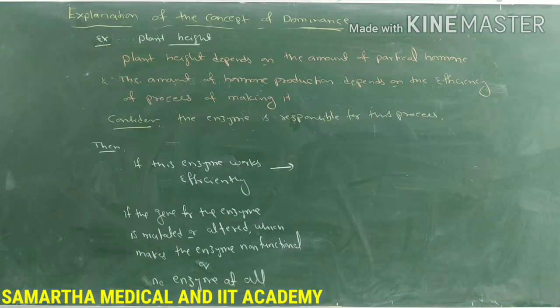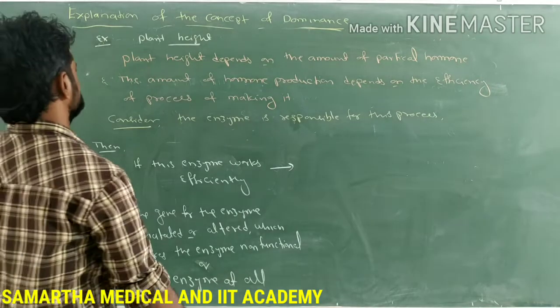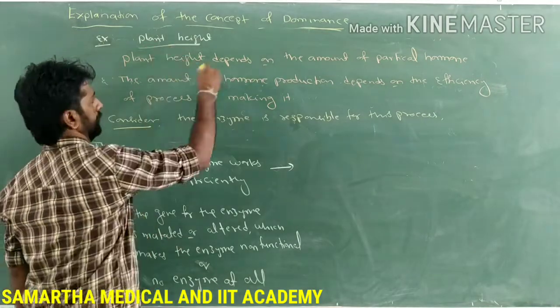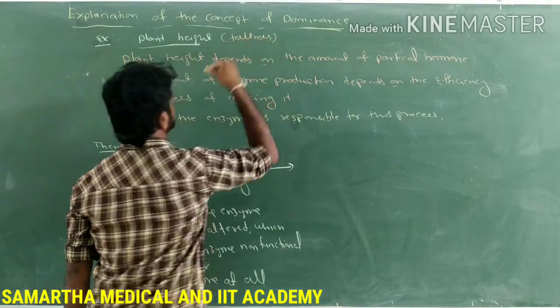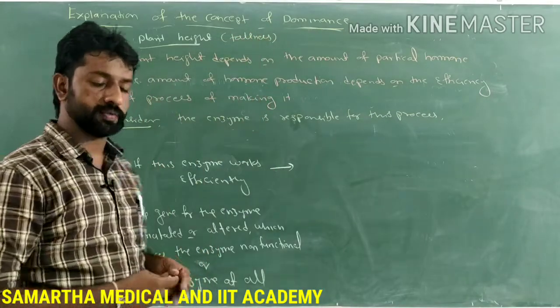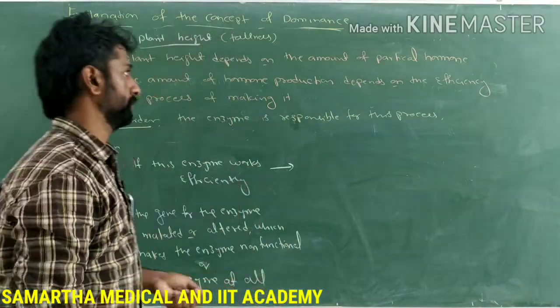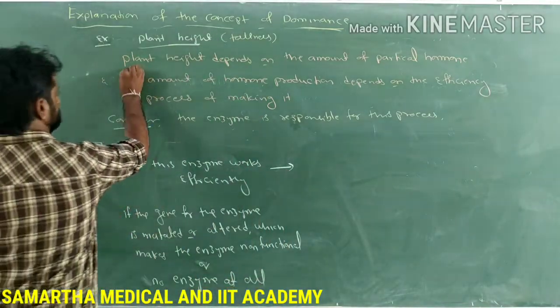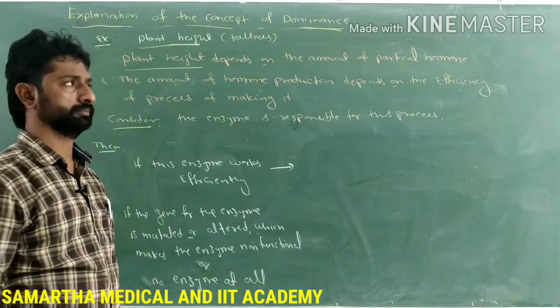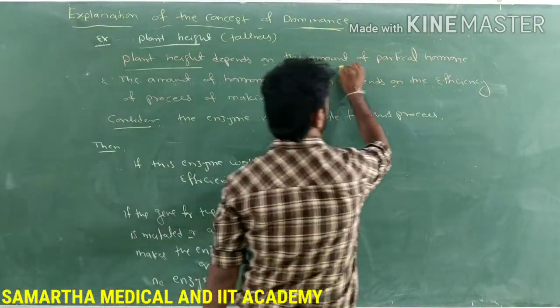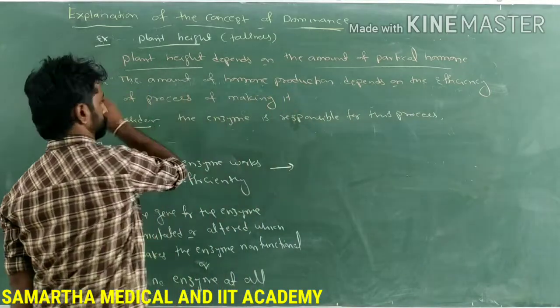Let's take plant height, or tallness in a plant, as an example to understand the concept of dominance. Consider that the plant height depends on the amount of a particular hormone produced.